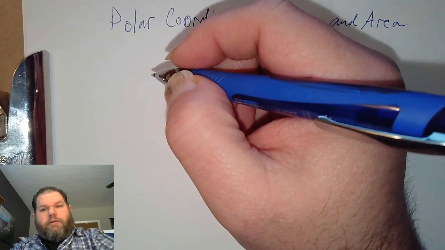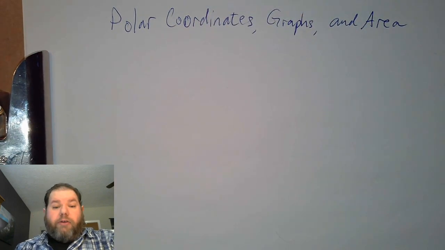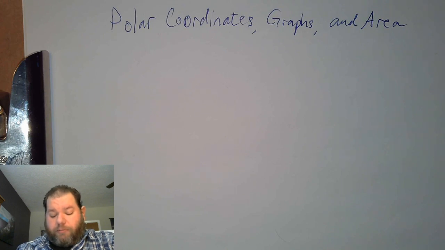So the idea of polar coordinates is an alternate coordinate system to rectangular coordinates to identify the same points. We're giving a designation to the same coordinate on the plane.